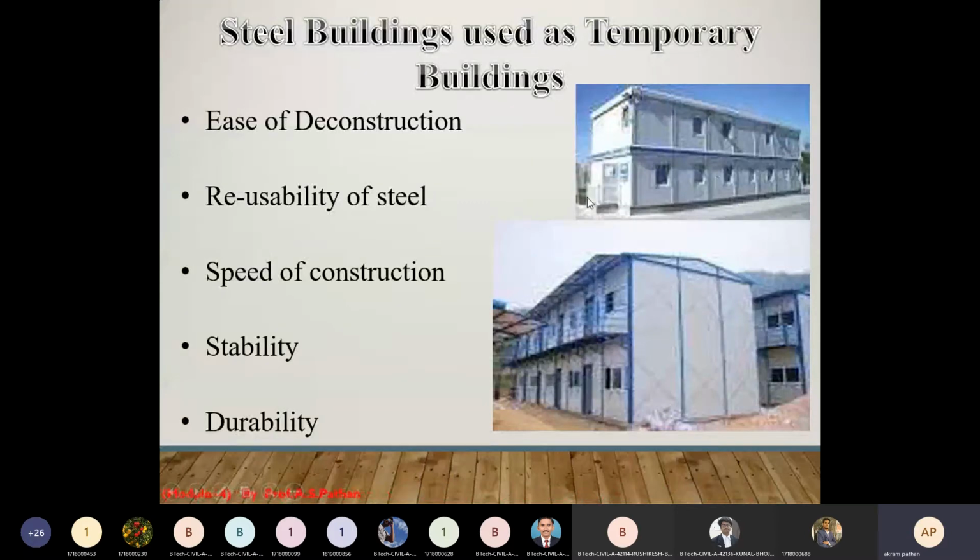Ease of deconstruction means if you want to dismantle this building after a particular use, we can easily dismantle it and reuse this structure at any place. So this is one particular advantage of this steel construction technology. Then again it has stability and durability. So such steel building construction is used for temporary building purposes.